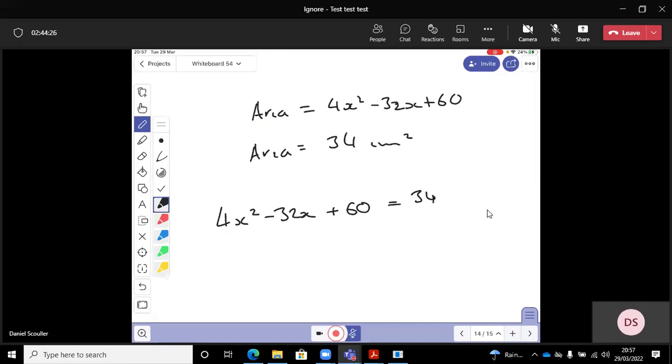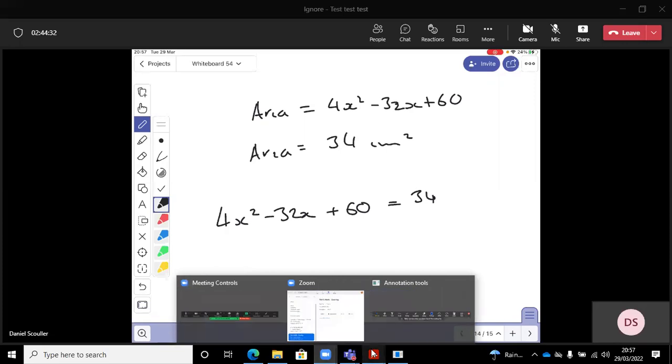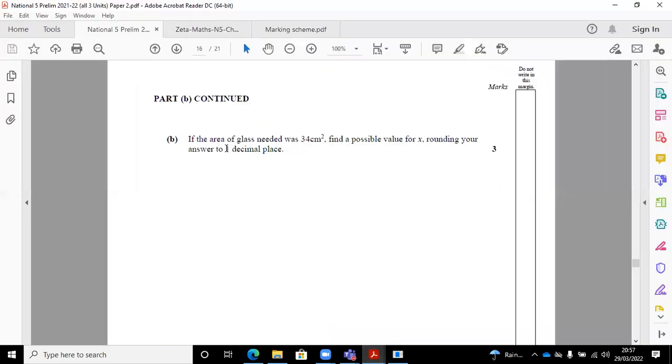Now in your calculator paper, especially when it says to a certain amount of decimal places, we're using the quadratic formula. Okay, you will not be able to factorize this just by writing it out. You need to use the quadratic formula.